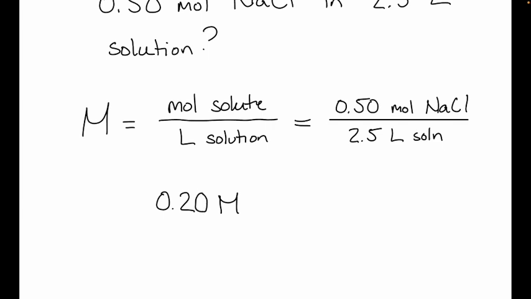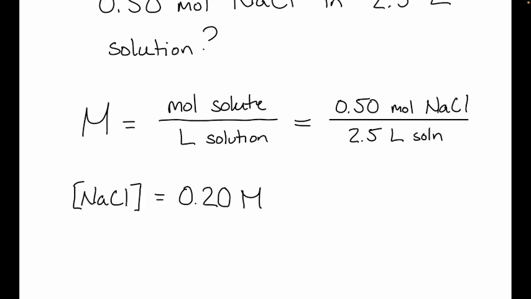Okay? And let me show you some other symbology that we use for concentration. You would see this written as bracket NaCl equals that value. The brackets stand for the concentration of whatever's inside, in molarity. So you'll see this bracket notation a lot. It's something that's unique to chemistry.